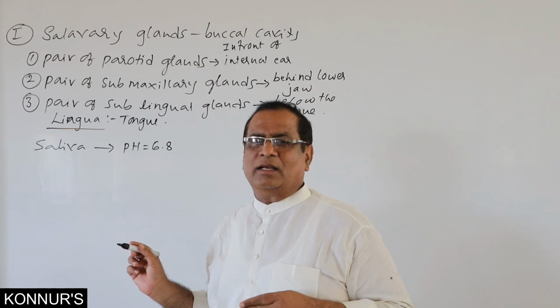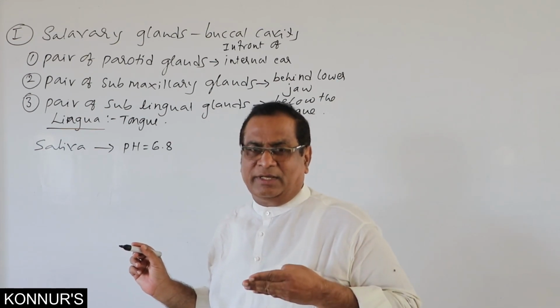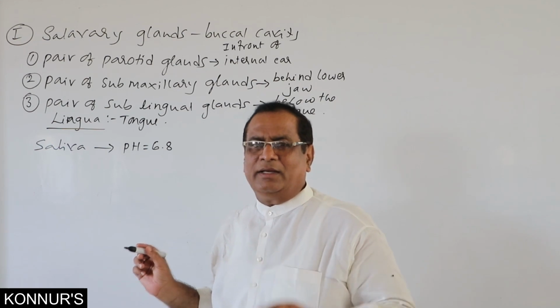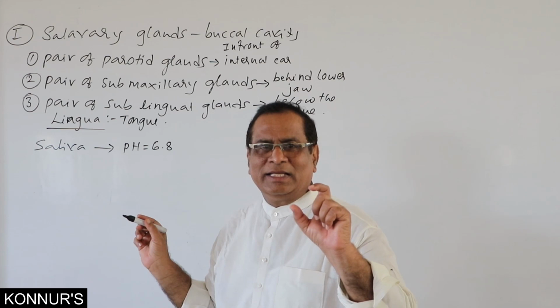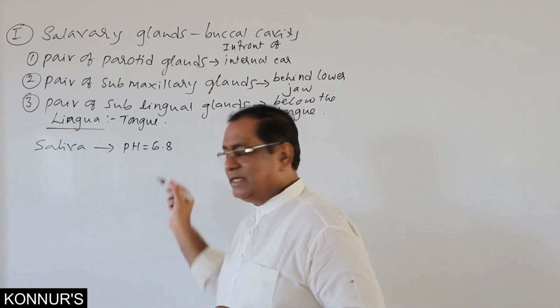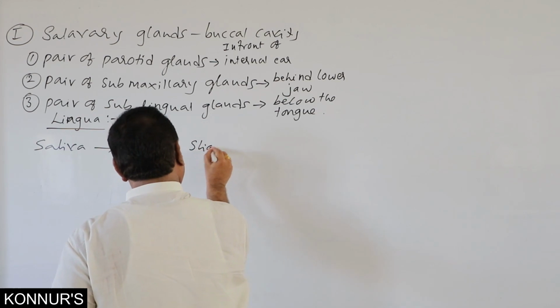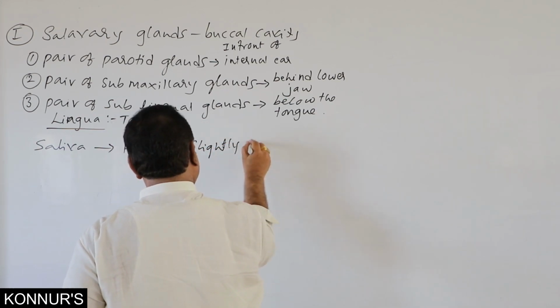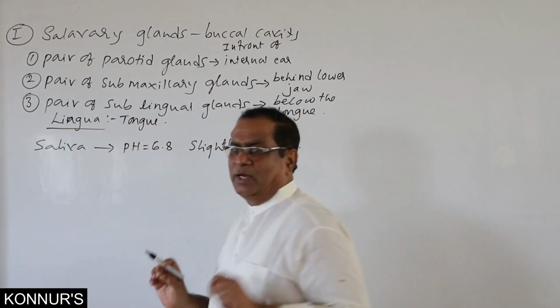As far as alkaline nature is concerned, if the pH is towards 7 it is slightly alkaline, if it is towards 14 it is highly alkaline. 6.8 means it is slightly acidic.